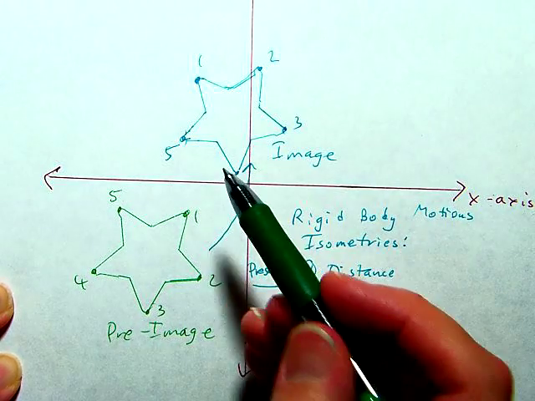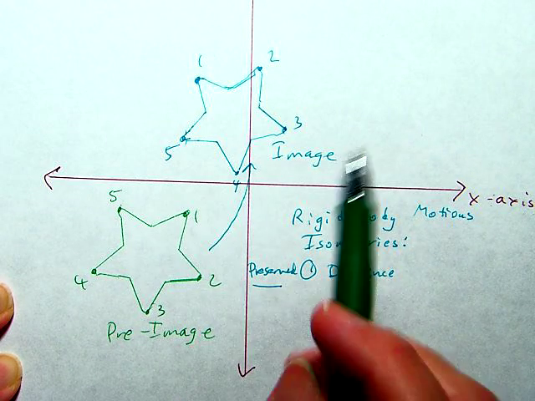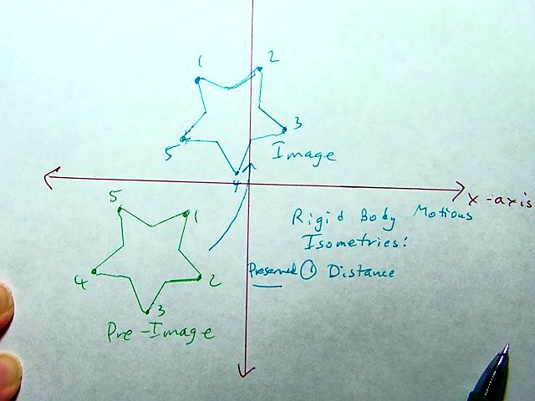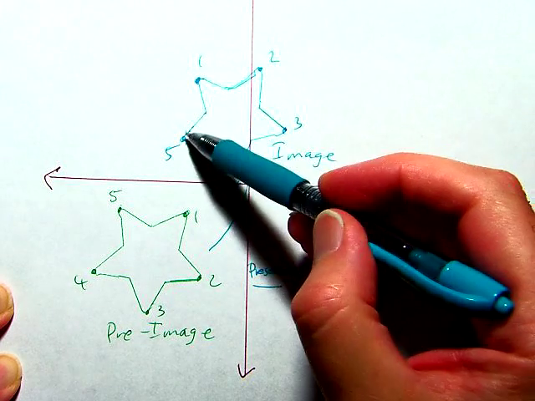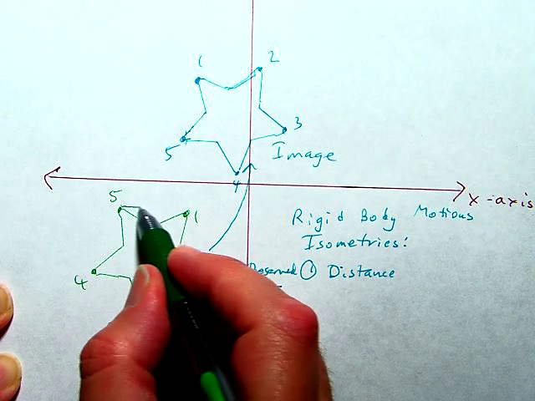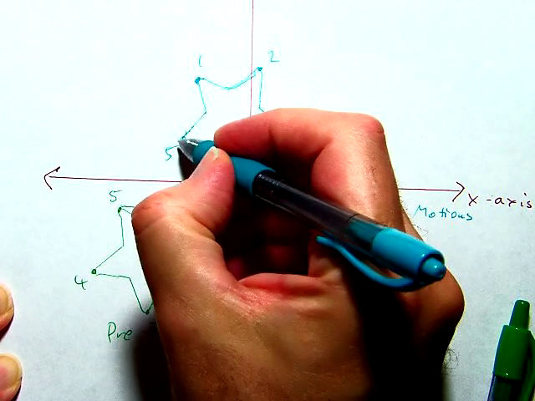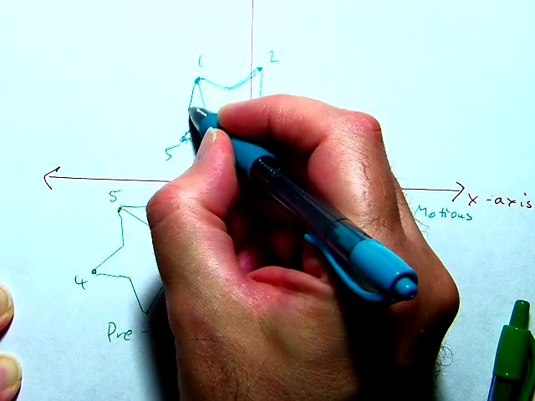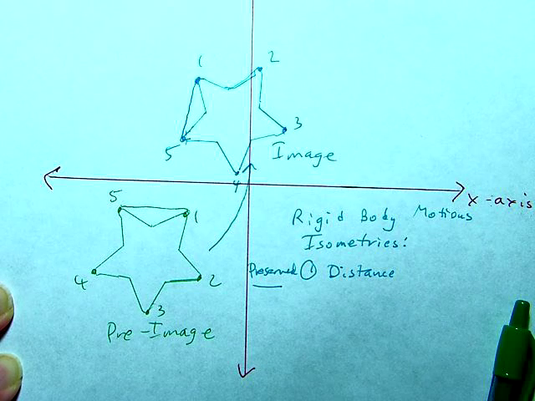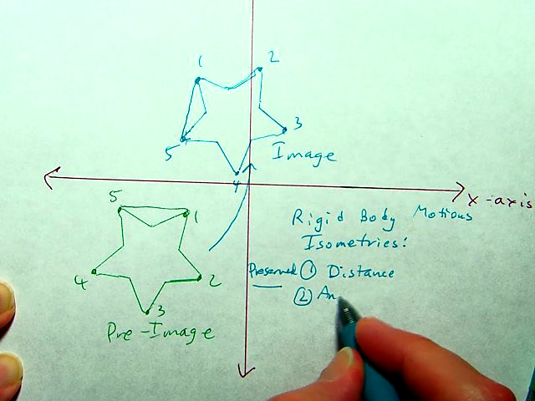Then the distance between 1 and 5 over here is going to be equal to the distance between 1 and 5 over here. So if we drew a line segment like such, and we drew a line segment like such, those two line segments would be congruent. So distance is preserved, and so are angle measures.